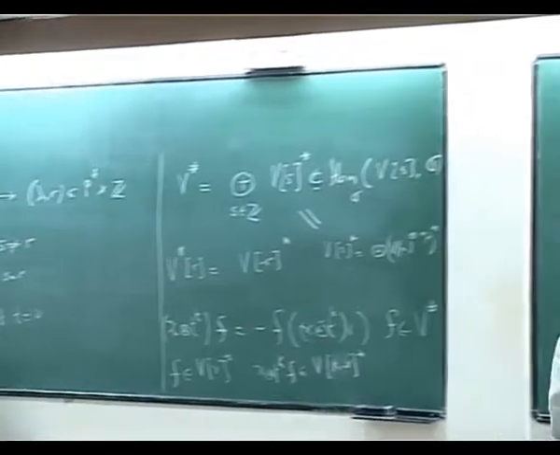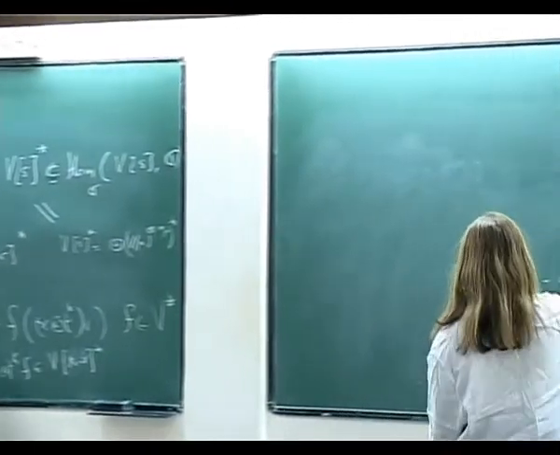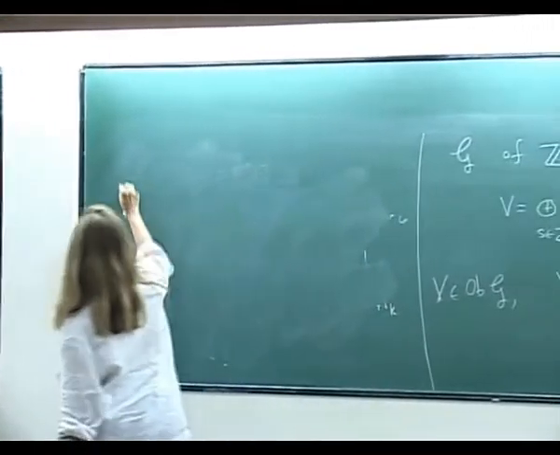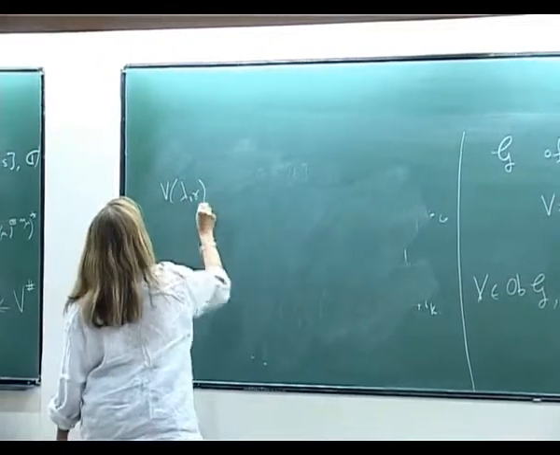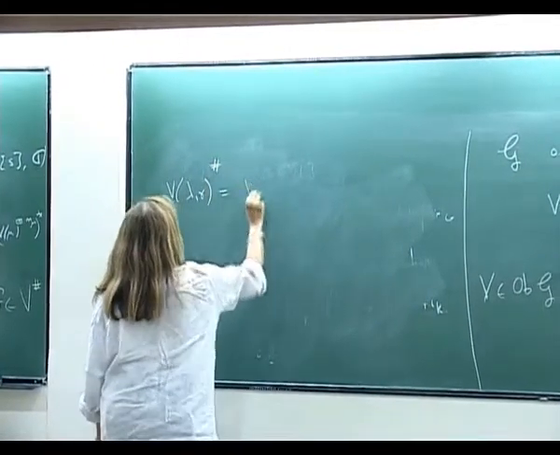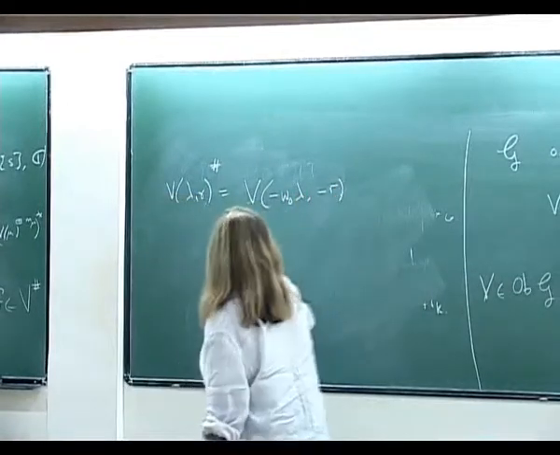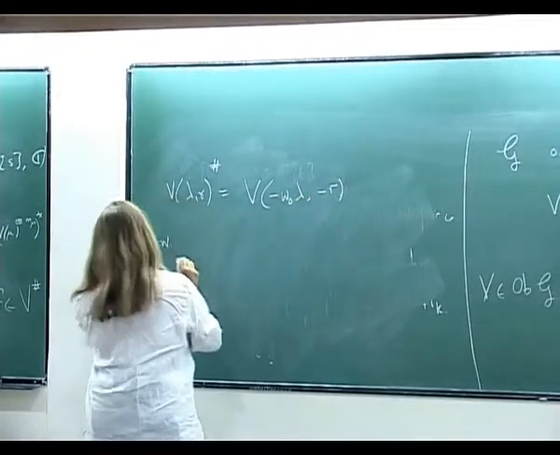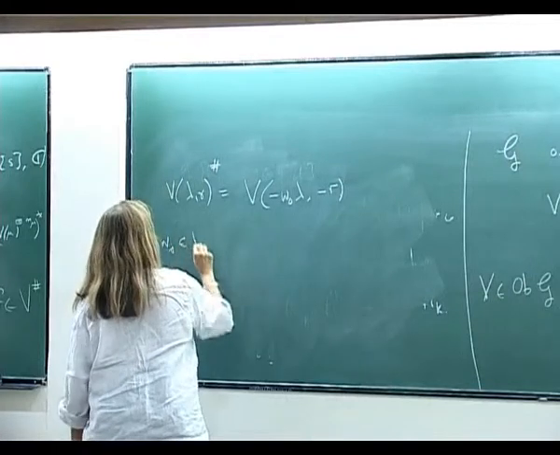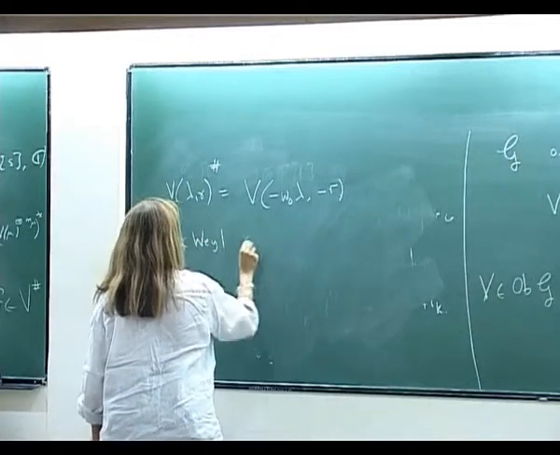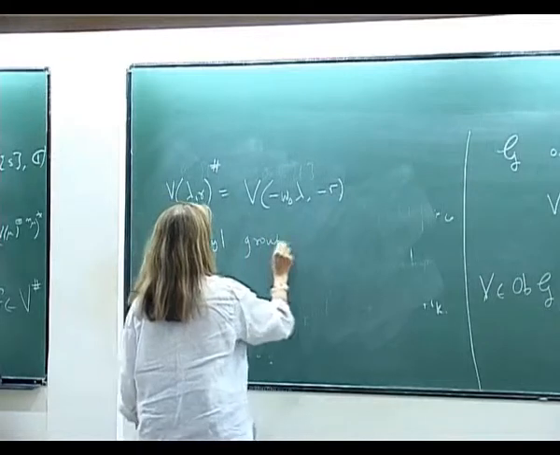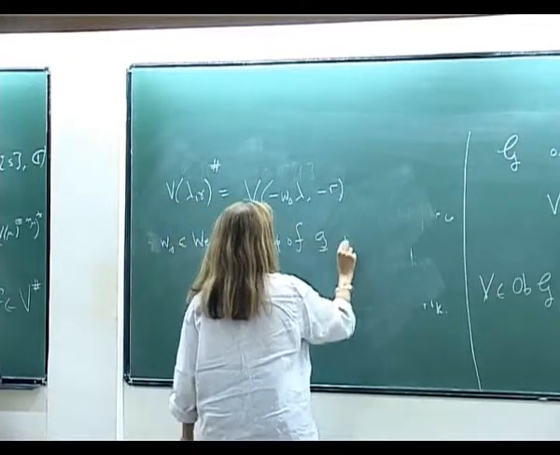So this restricted dual, V lambda r dagger, is just V minus w naught lambda, minus r, where w naught is in the Weyl group of G, the longest element.